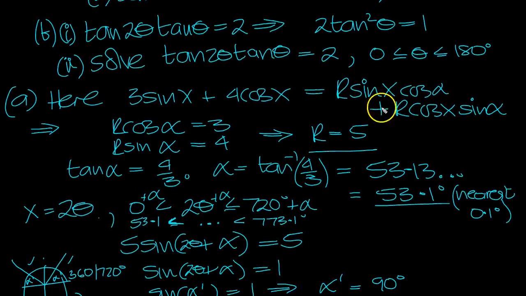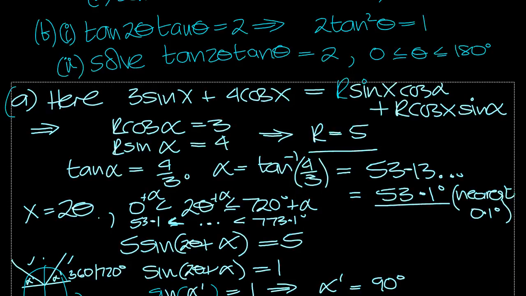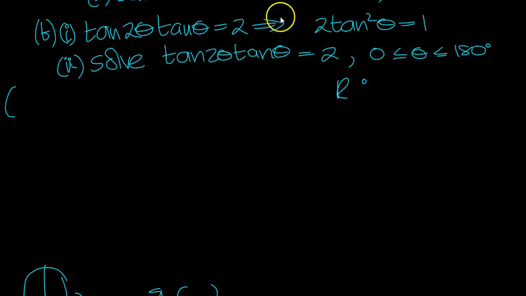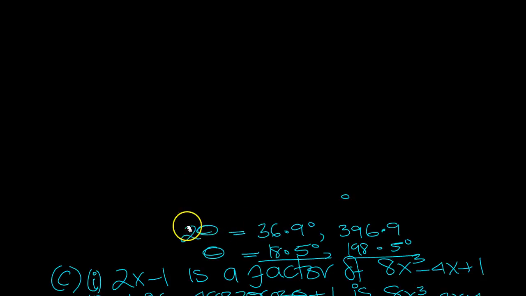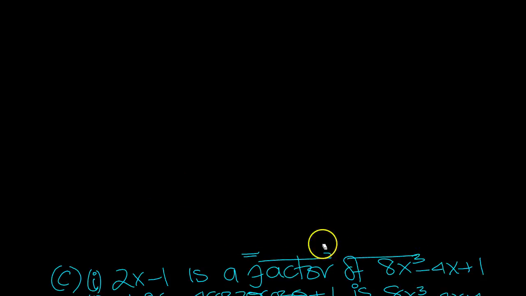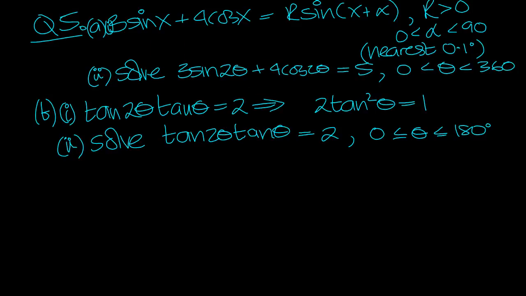Let's do part B now. So I'll just get rid of this for part A. And we'll start part B. Okay, part B. Let's have a look at this then.